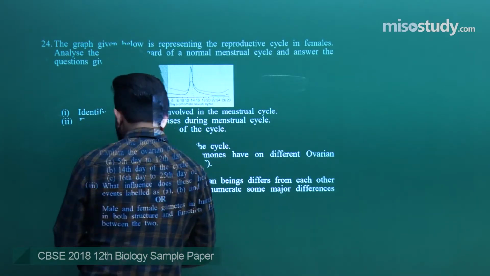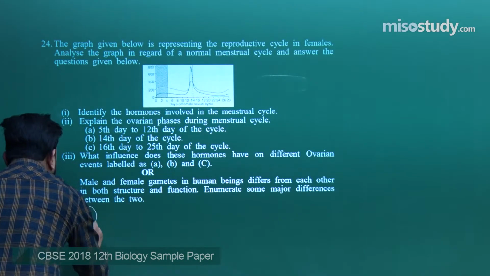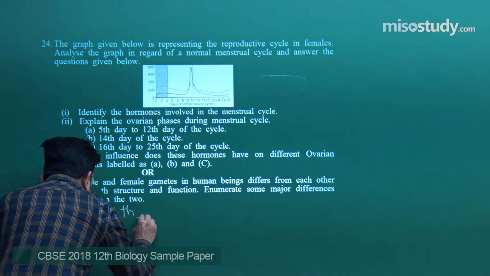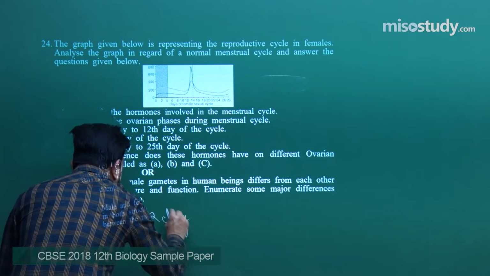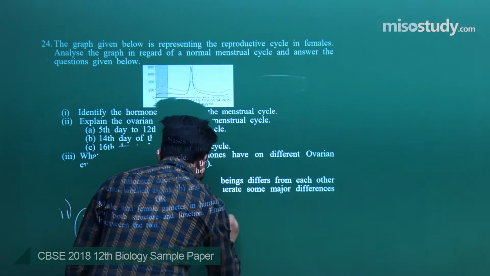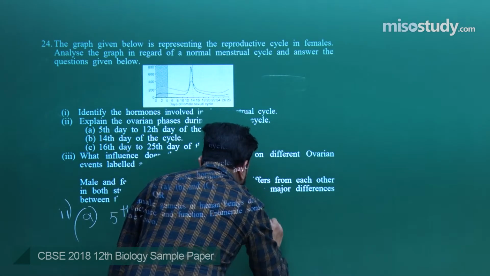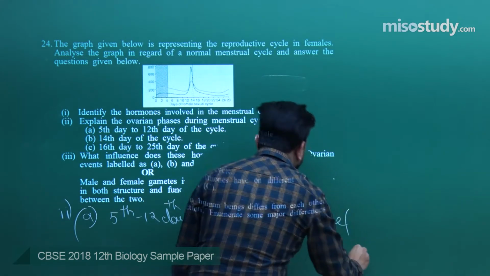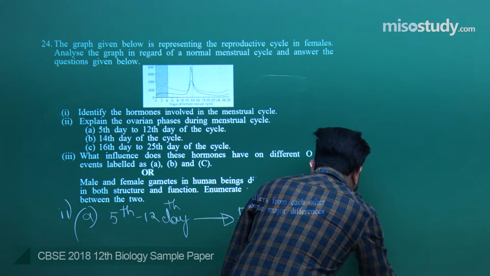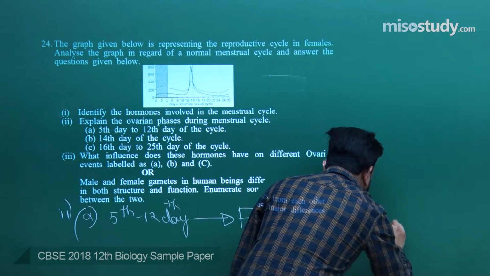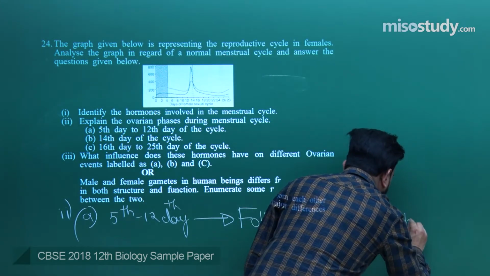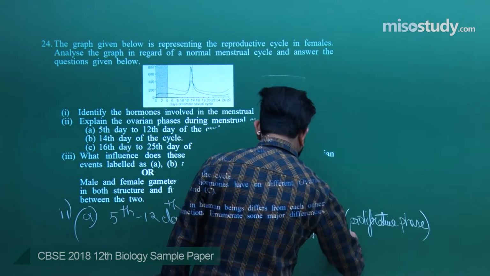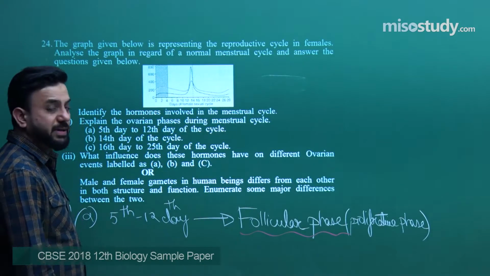So the answer A: the 5th to 12th day is also called the follicular phase or the proliferative phase.